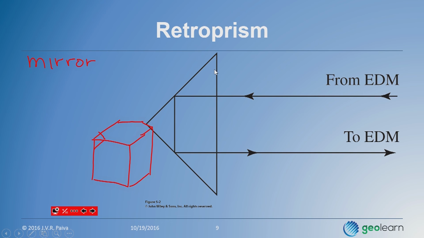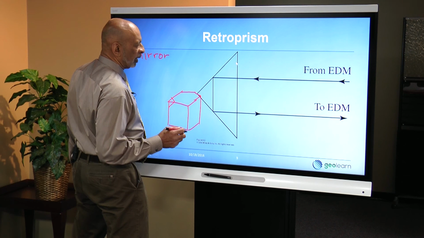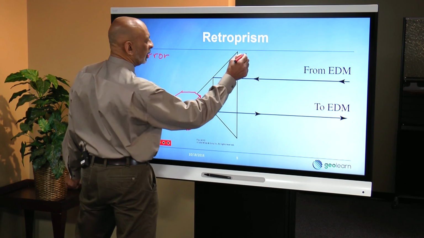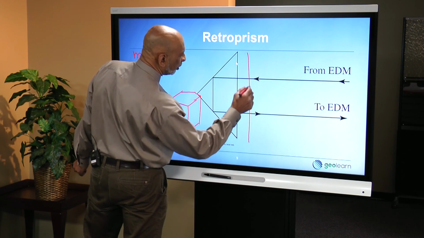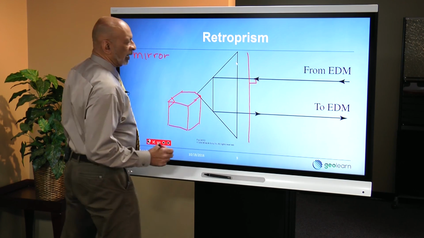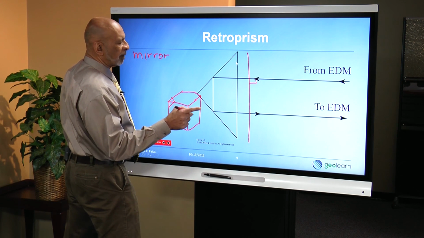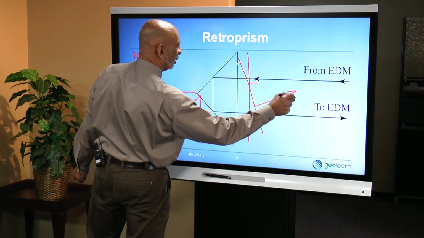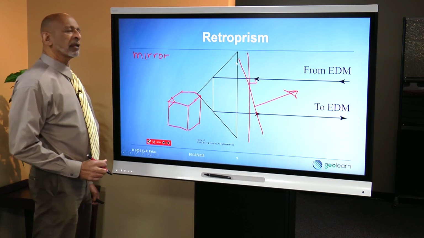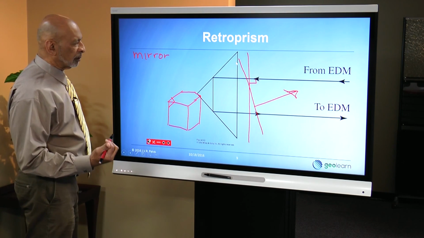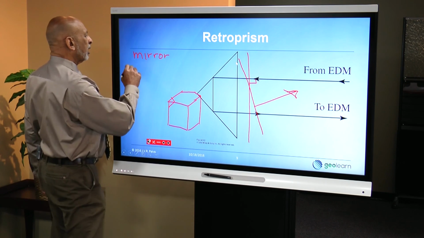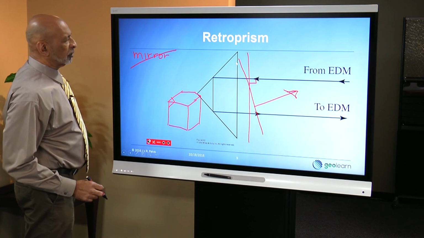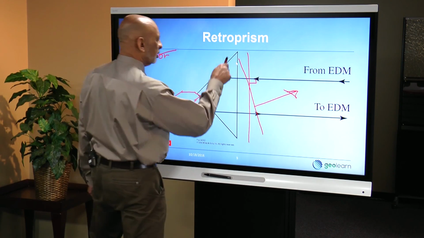On the other hand, if we had a mirror, an actual flat mirror like you have on your bathroom cabinet at home, that mirror would have to be exactly perpendicular to the line of sight to reflect the light back. If there's even a slight deviation, your reflected light would go off and never come back to the EDM. So a real mirror is useless, and that's why I tell people don't call it a mirror, because it isn't a mirror.